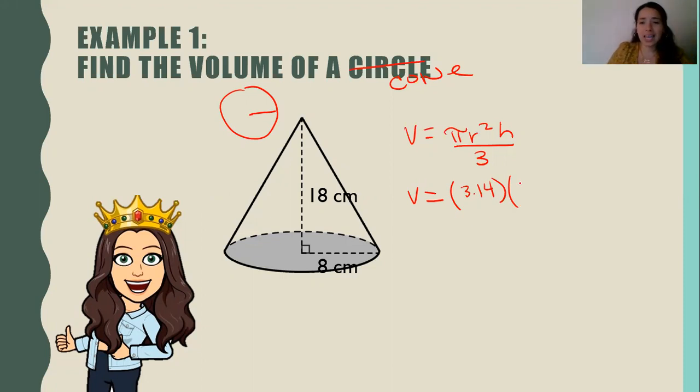My radius is 8. So then I do 8 squared because notice it's radius squared. And what's my height? Thank you, Ariel, 18. And then you divide it by 3.